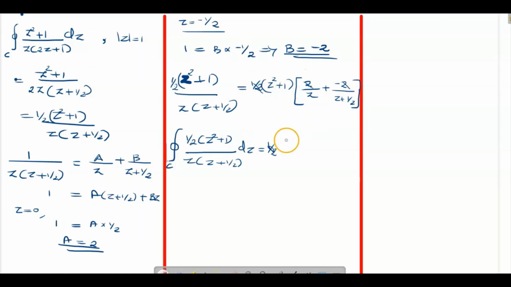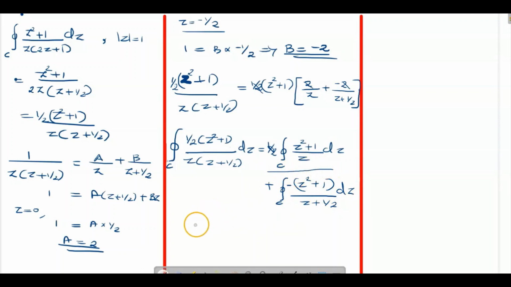So, integral over c (z square plus 1) by z dz plus integral over c (z square plus 1), there is a minus outside, (z plus 1 by 2) dz. And what is this integration according to Cauchy's integral formula?